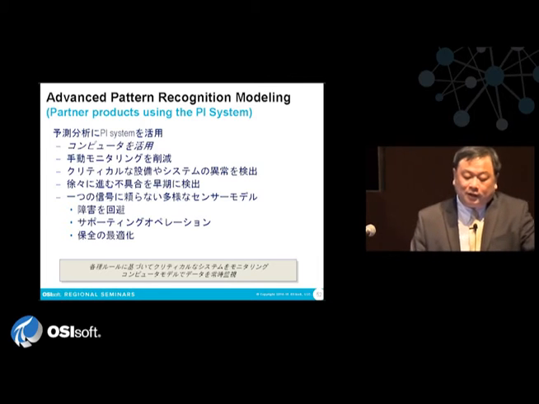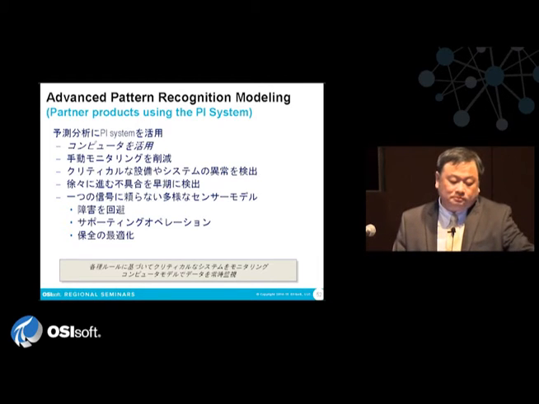we have a partner with a product called Advanced Pattern Recognition Modeling. This is their system, right on top of PI. It gets the computer to work for you, instead of you working on the computer. The model can analyze large amounts of data, running all the time, and never takes a break or vacation.